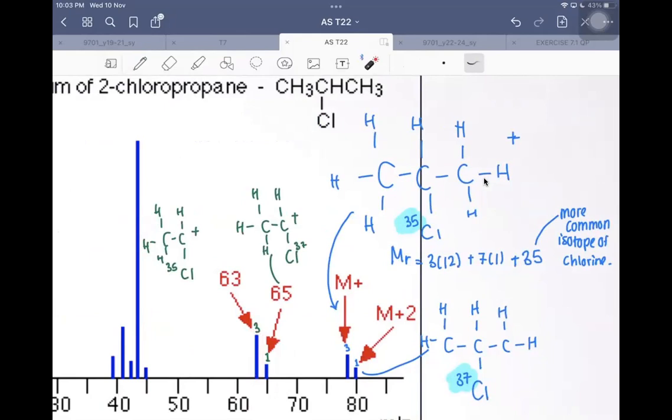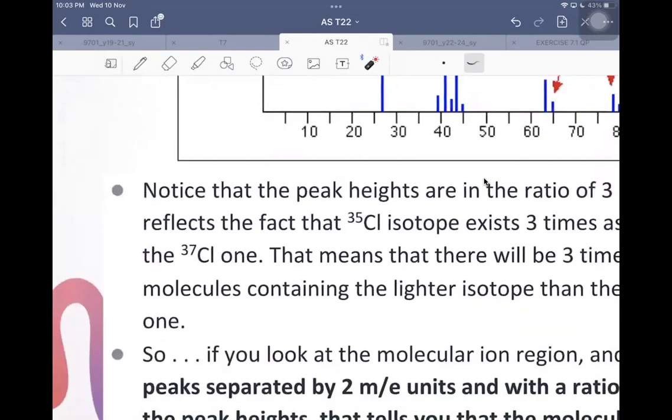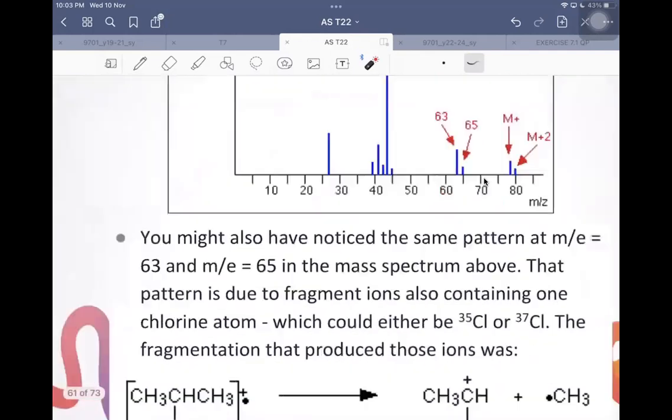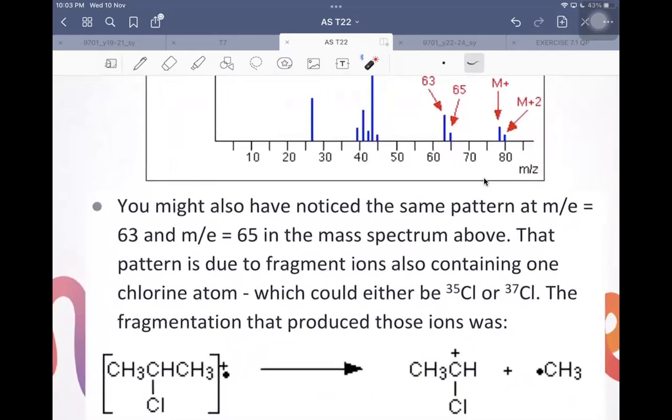Even the fragmentation is shown to you in your notes, but it's probably not as obvious because it's in the structural formula. Now you can draw out the displayed formula and just show the fragmentation. Don't worry about this plus sign and the dot. I usually like to start from the neutral molecule.